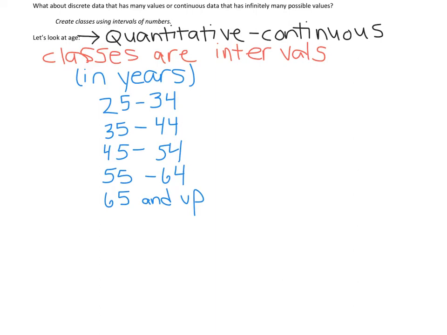Okay, so let's use this to define some things, right? Let's use an example to define. The first thing we're going to talk about, let's just take one example. We'll take 35 to 44. All right, that first number, 35, is called the lower class limit.